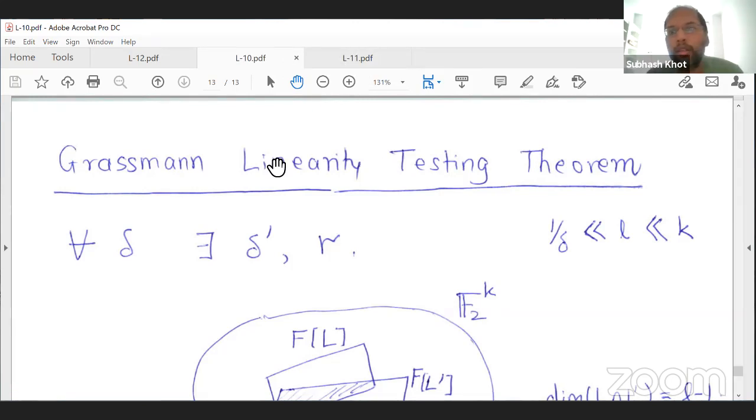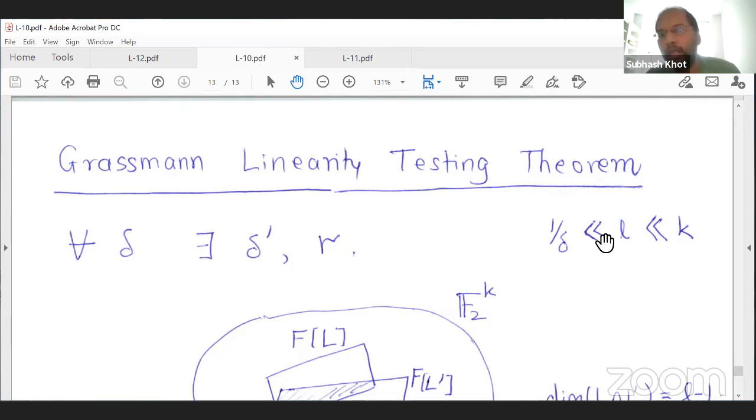So I didn't want to get too hung up on the specifics. Think of these parameters delta prime as constants, let's say 1/10, 1/50. This r will be a small integer, maybe 5 or 10.